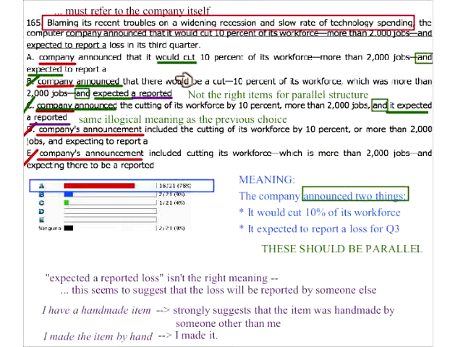So in order to convey the true meaning of the sentence, you do need to have the company as the subject of these things. The company announced that it would do this itself, as opposed to "there would be a cut," which is not grammatically wrong. I mean, it's perfectly well written. It just doesn't mean what we want to say. It means that there would just magically be a cut by pure magic.